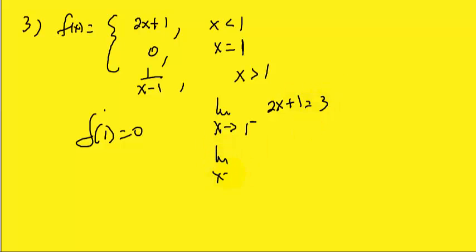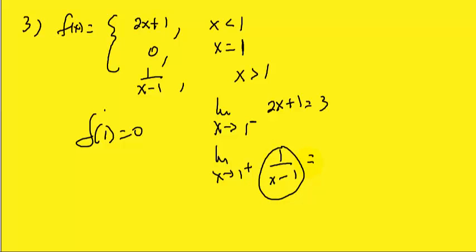And then limit as x goes to 1 from the right side, I use 1 over x minus 1. Okay? Uh-oh. I can't plug in 1. Why is it I can't plug in 1? 0 on the bottom. What do you get on the graph when you get something like that?